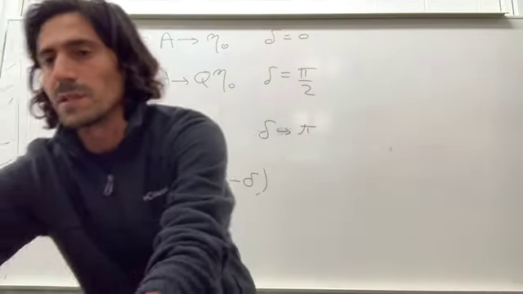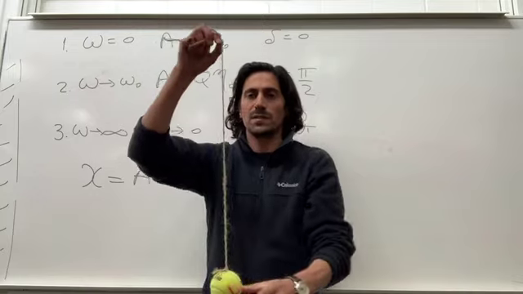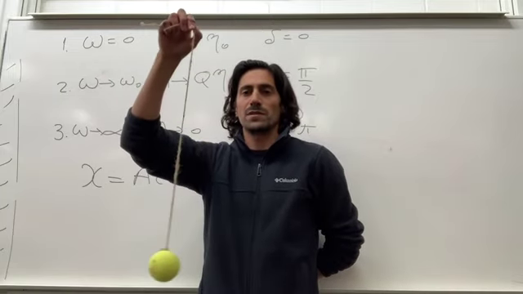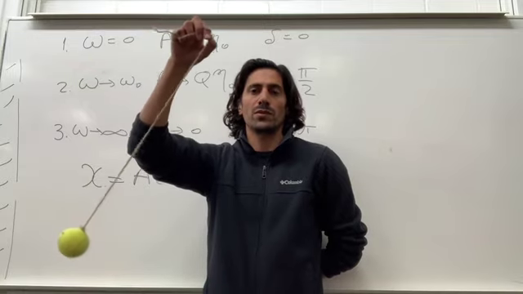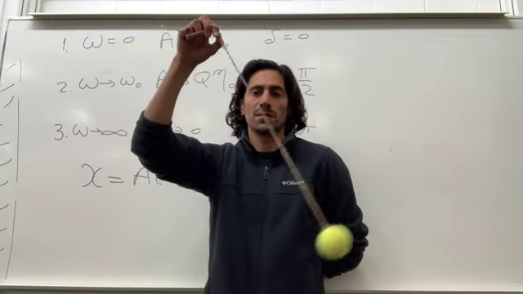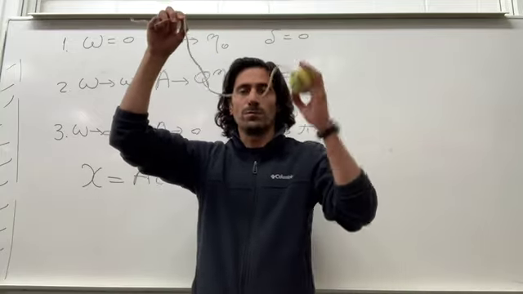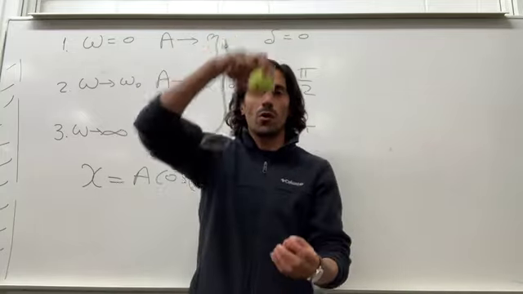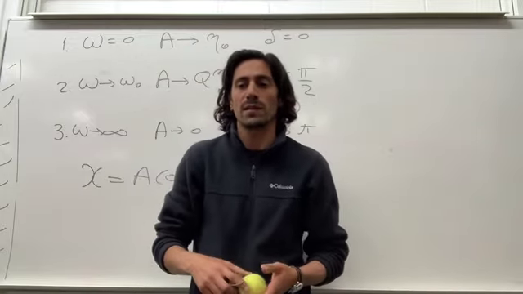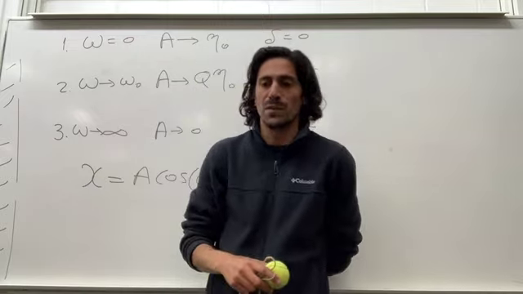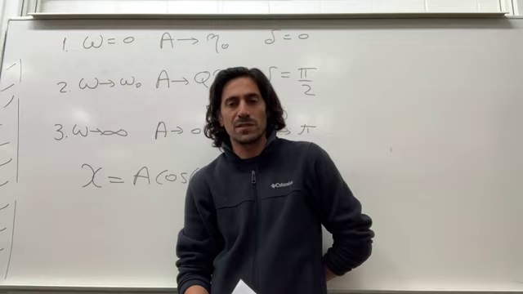So if I'm taking the tennis ball, there is a specific frequency, omega 0, that I have to move my hand with to hit resonance. There is one single frequency because there is one object here. If we had a second object tied to it, then there would be two frequencies that you can excite the system for resonance.